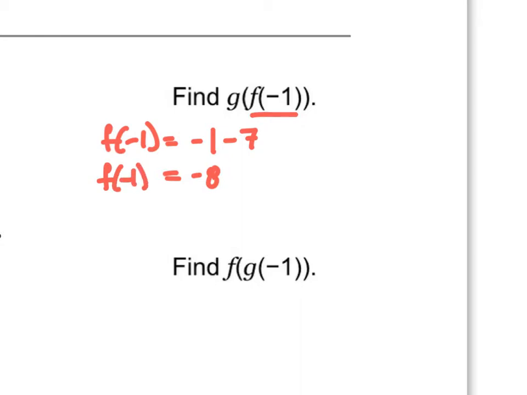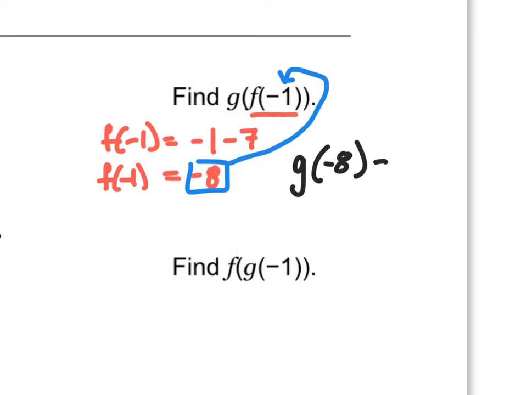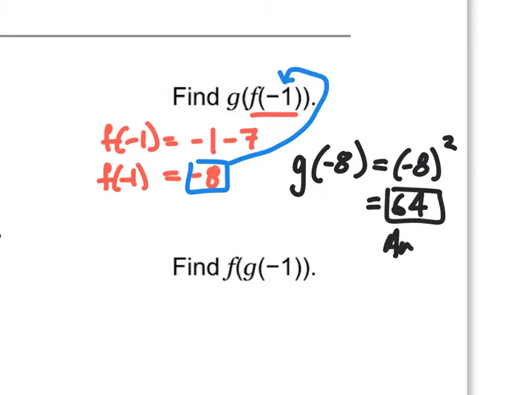Now, I'm going to take this value of negative 8 and plug it into my function g. So now what I'm going to evaluate is g of negative 8. Okay, and then that's just going to give me negative 8 quantity squared, which is going to give me positive 64, and this is the answer that we're looking for.